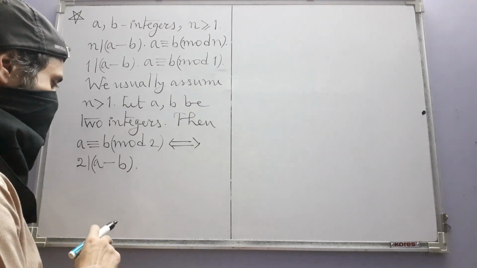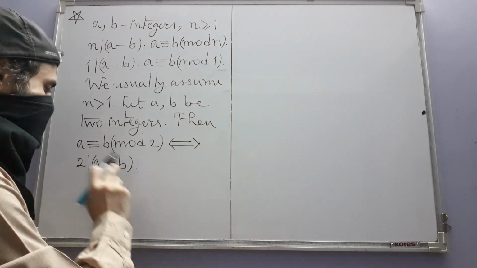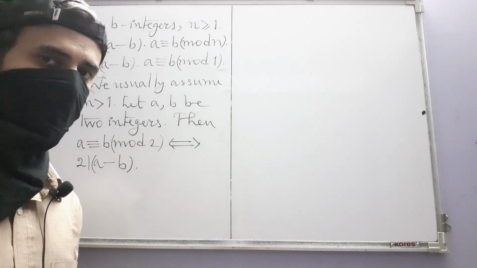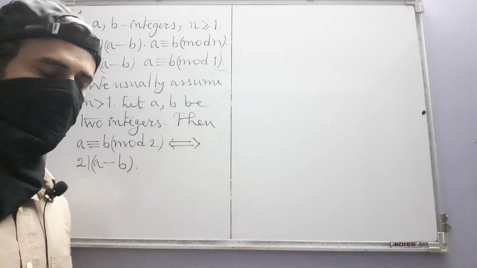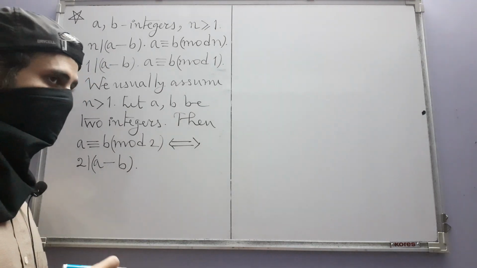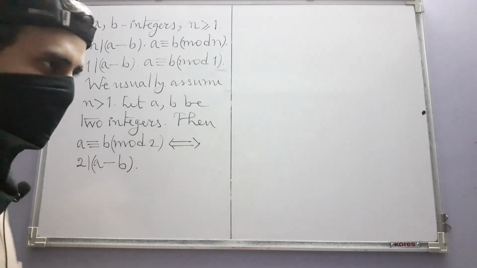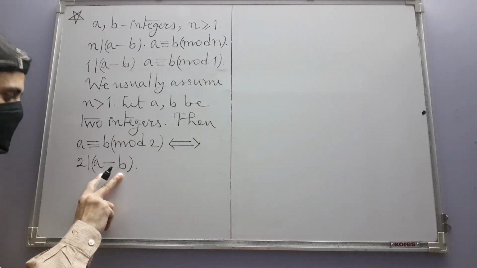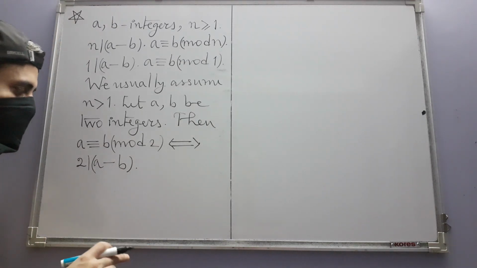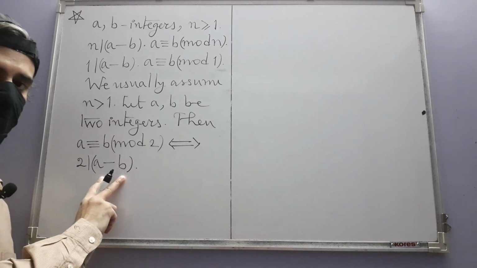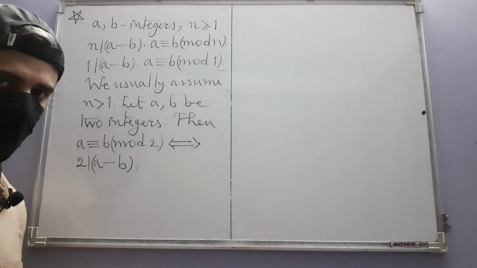Which in turn means that a minus b is even. Now, because a and b are integers, each one of them is either even or odd, and we know that the difference is even precisely when either both of them are even or both of them are odd.